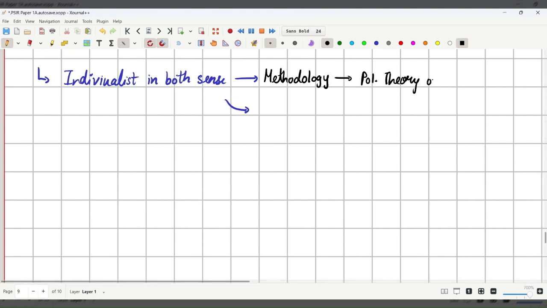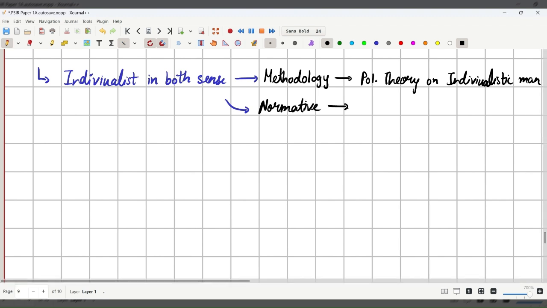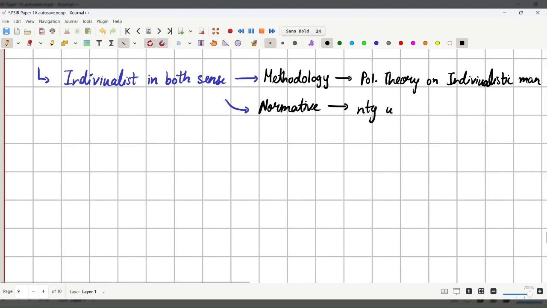The second sense is normative: Hobbes believes that there is nothing wrong in being individualist.